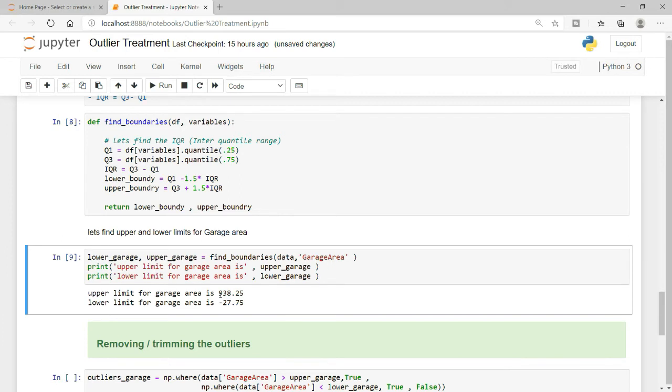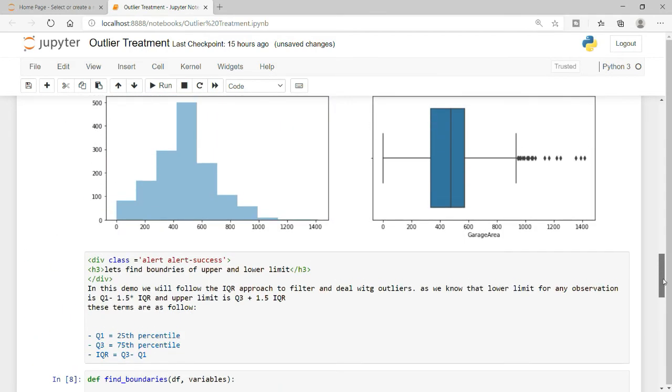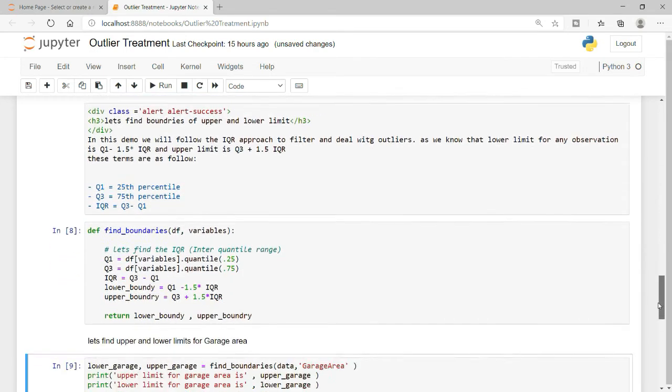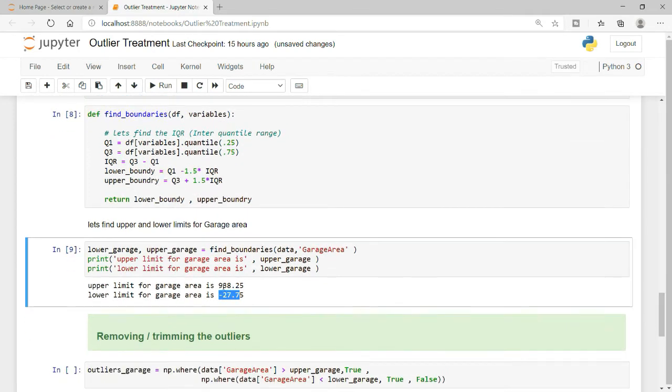So Q3 plus 1.5 IQR is 938.25, and Q1 minus 1.5 IQR is minus 27.75. If I go to garage area, you see that some of our observations are going beyond this, like 1000, 1100, 1200, 1400 in this range. So basically these are your outliers.